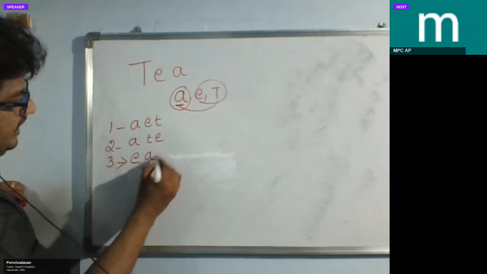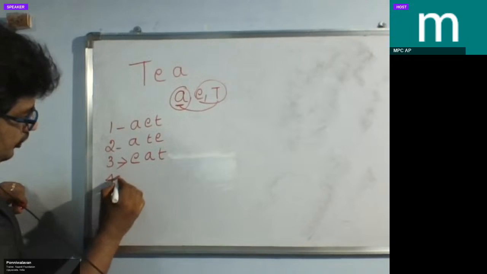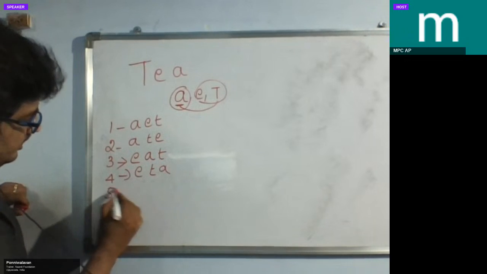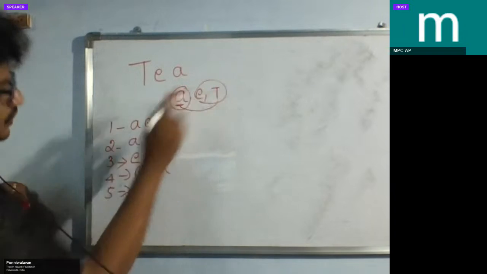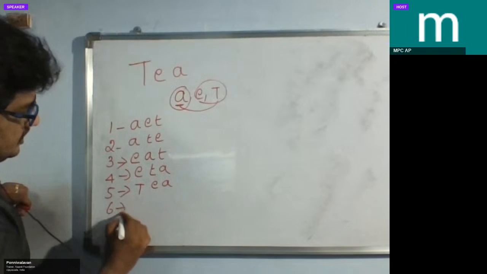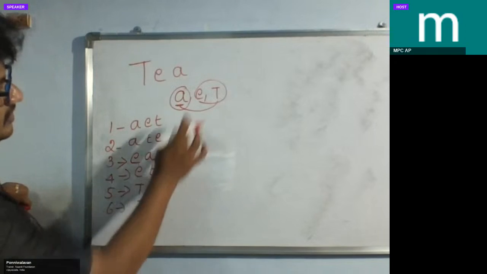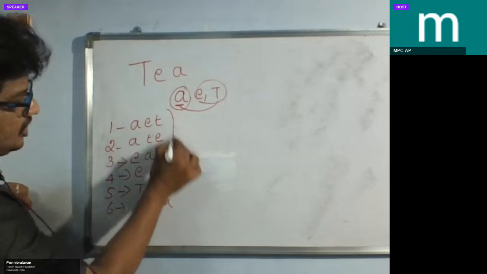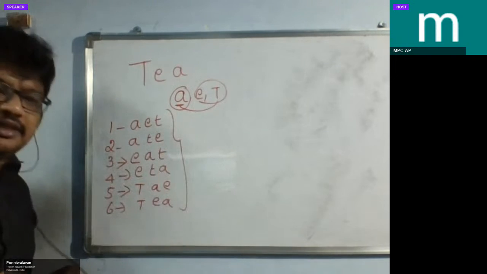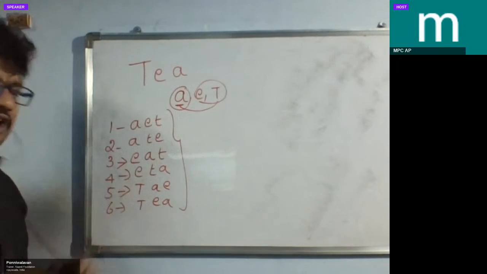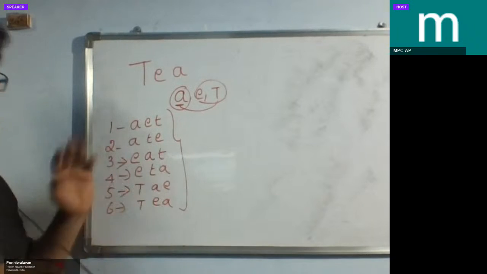A, T. Fourth one, E, T, A. Fifth one, T, E, A. Sixth one, T, A, E. So how many words can we form? 6.